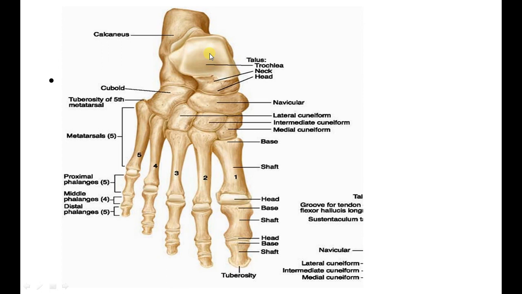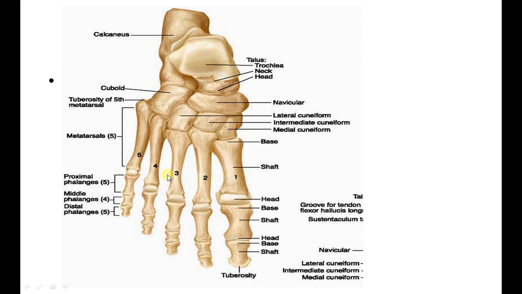Below the talus articulation is the subtalar joint, and then the mid-tarsal joints. Those joints bring about inversion and eversion, whereas the ankle joint is responsible for dorsiflexion and plantar flexion.